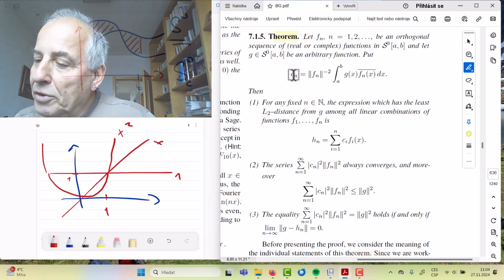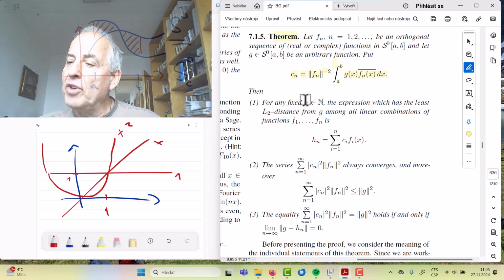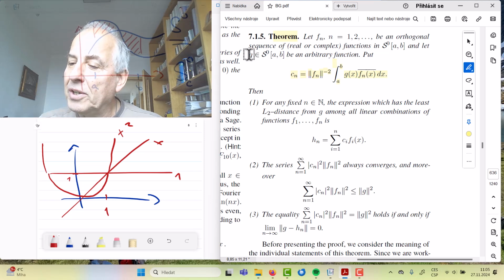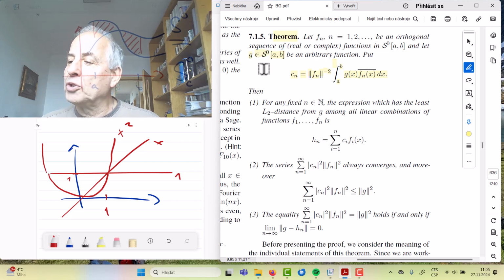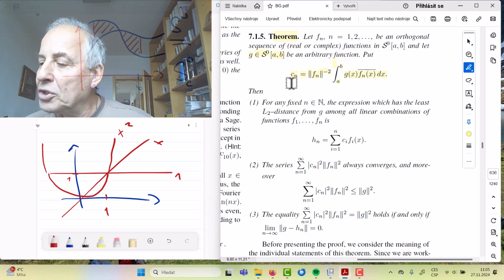So here we define, as we saw already, what the Cn must be. If we get the orthogonal system, and if we get some function g which we want to approximate via the orthogonal system via a series, then we can write down the coefficients directly.